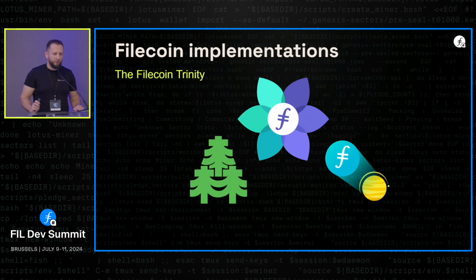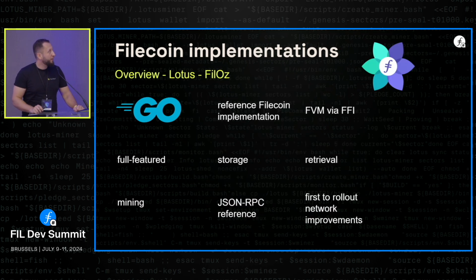So we've got Lotus. It's written in Go. It's maintained by the Protocol Labs team. It's the reference Filecoin implementation. That is to say, there is a Filecoin spec, but the actual truth is in the Lotus code.